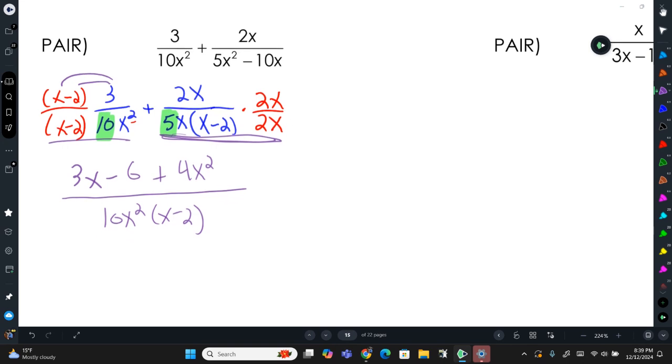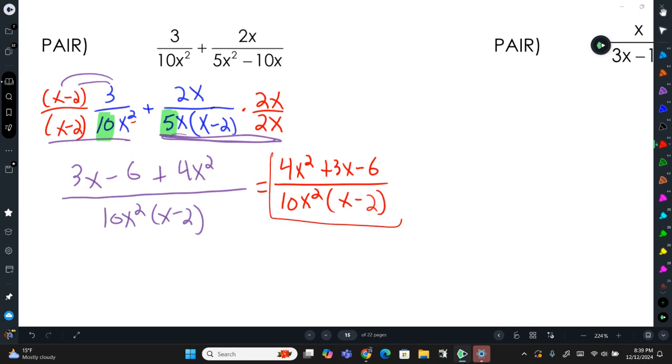All right, then we can rearrange this a little bit and do 4x squared plus 3x minus 6 all over 10x squared times x minus 2. Right, so one of the things about these problems is that they can start simple and then they can get out of hand or explode into something messy pretty quickly. We can't factor this, so that will be your final answer.